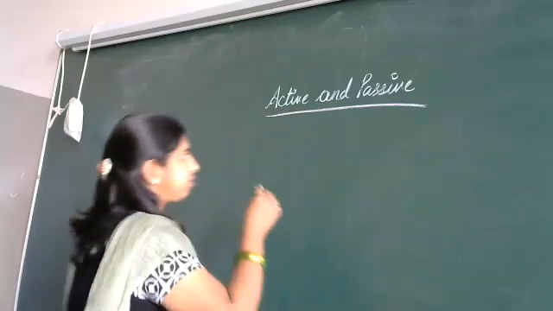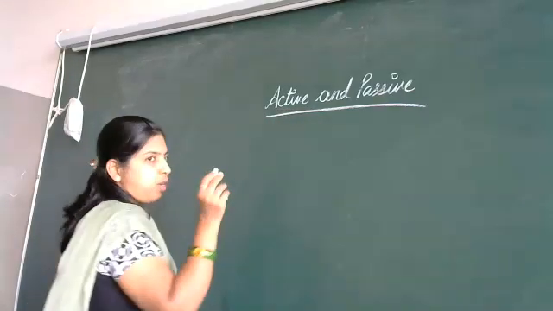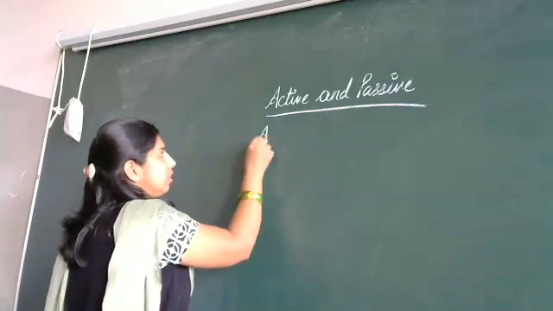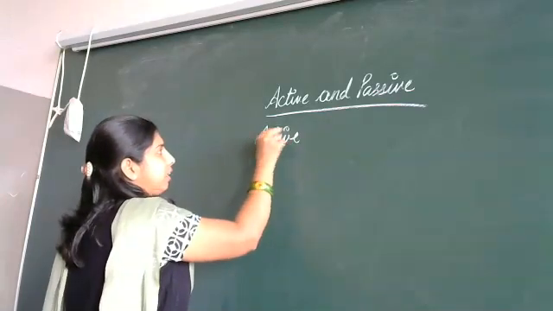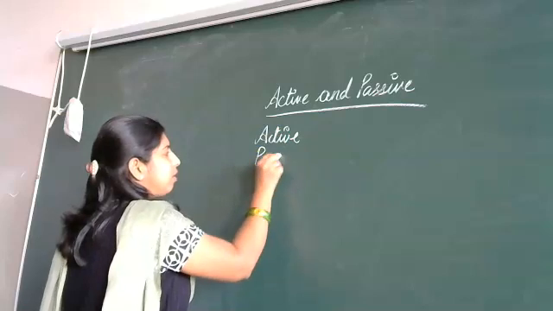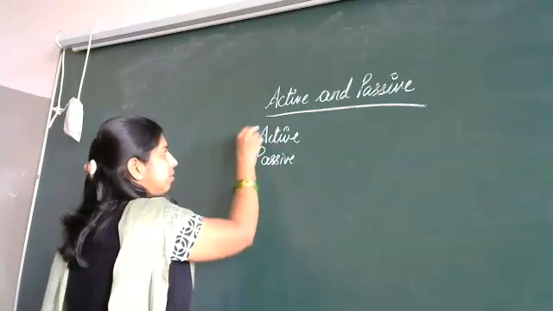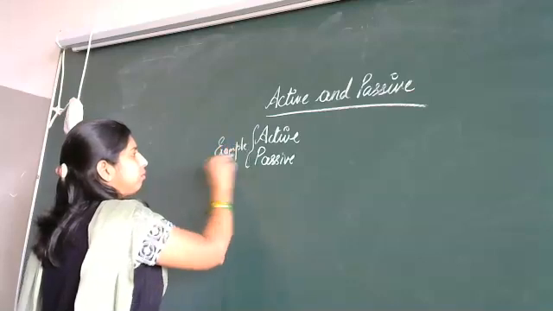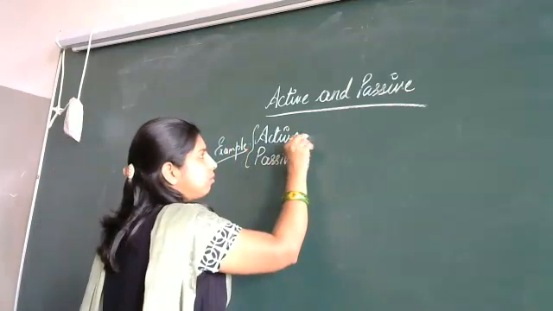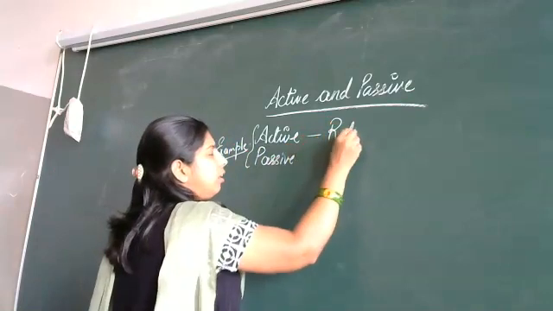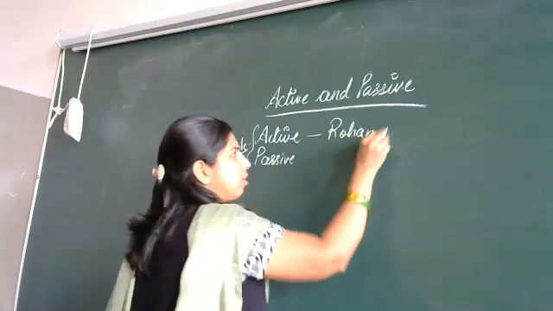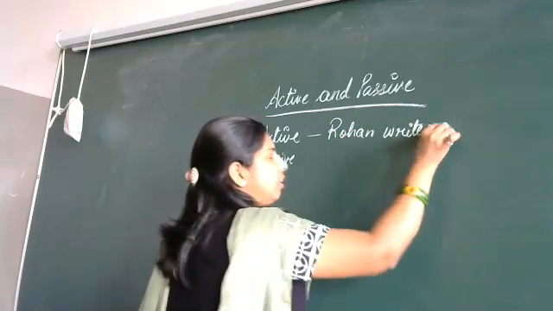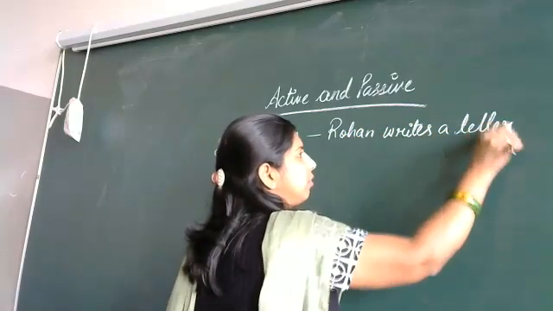Okay. So here I'll give you a small example. This is about active, passive example. Rohan writes a letter.